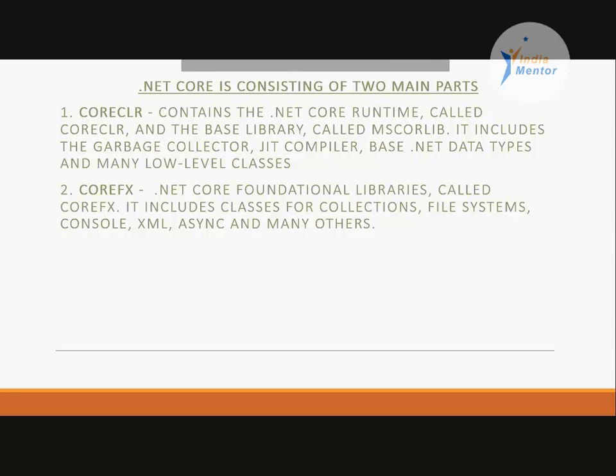One is the CLR, so everything like your base class library, the MSCORLIB which I was just talking about, got segregated into a lot of different parts. Then we have the GC, JIT, all the base types. They came into the core CLR, and into the core FX went everything else, which was classes for collections, your file systems and your XML.